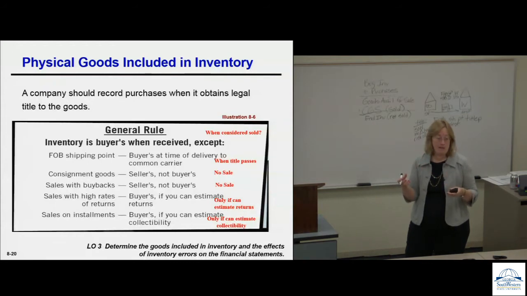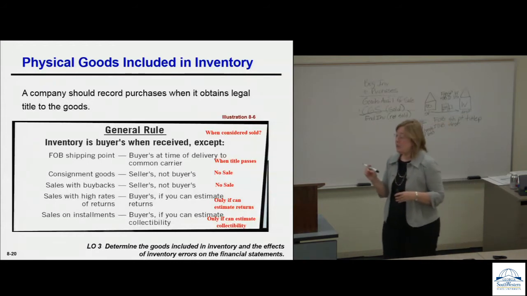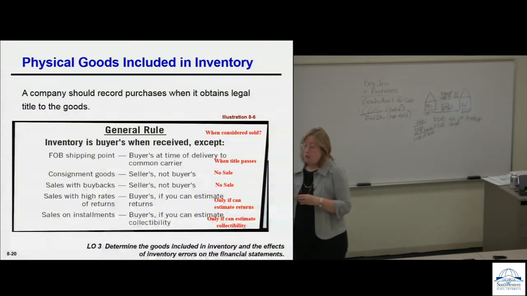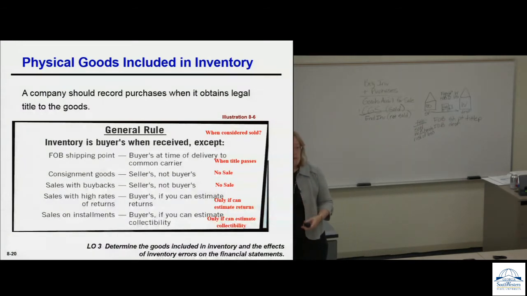They said, no. But I tell you what, we'll put your soap in the store, and if somebody wants to buy it, then we'll keep some for ourselves. Like they kept $1 and gave me $5, right? So what do we call that? What do we call that? Consignment. That's what we call that.